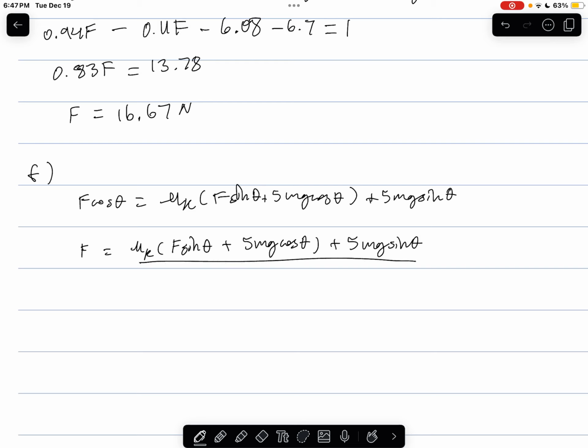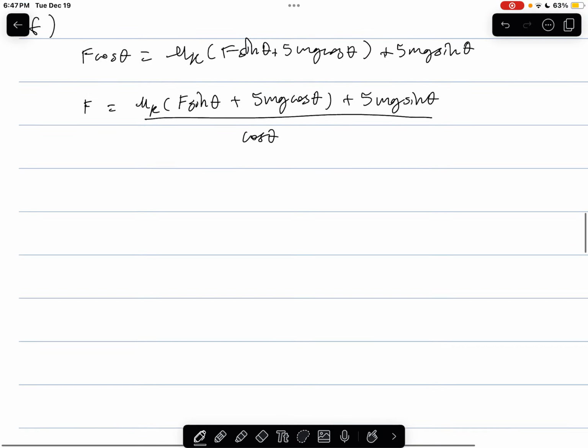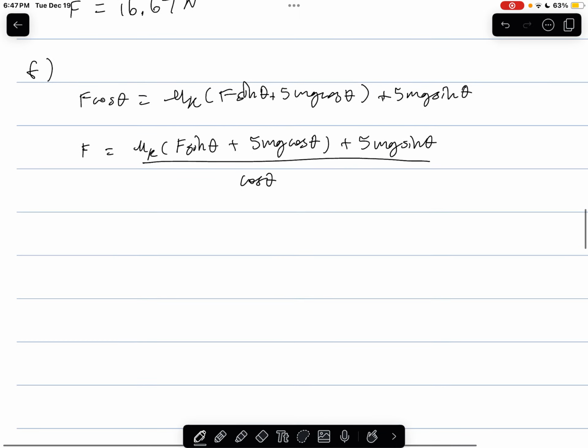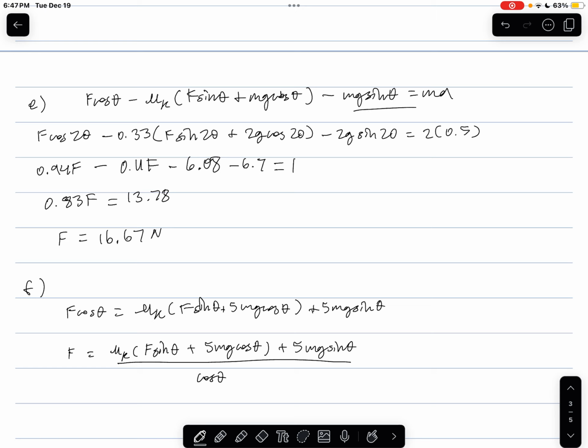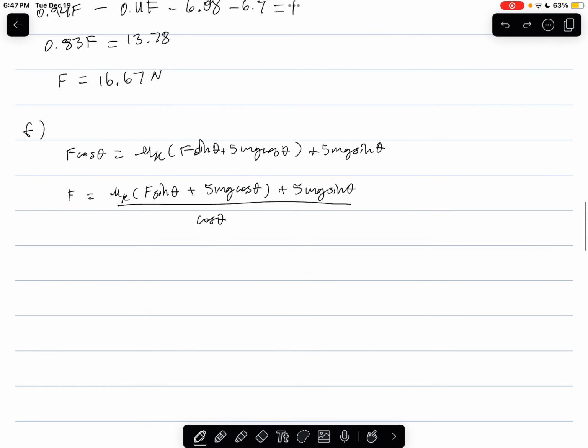And if I go all of that over cosine of theta to get F. Then for part G, I'm just going to use the same equation right here, except like I said before, add 5 in front of the M.